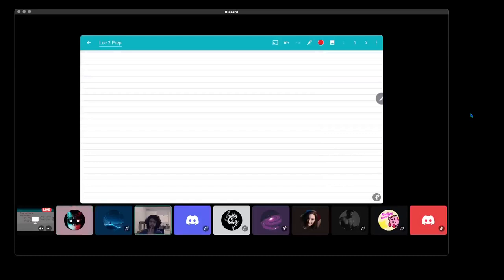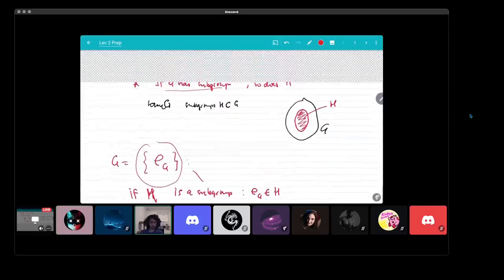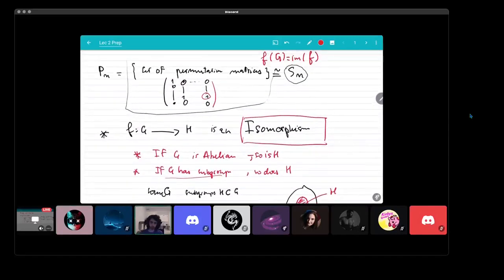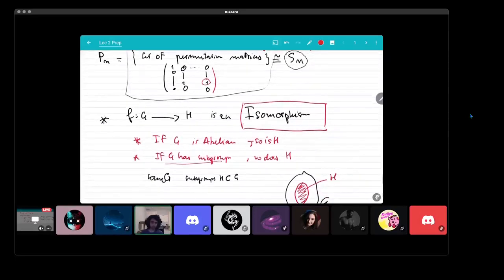Sorry, the question is clarified. It says if G has subgroups, then so does H, right? This is from the isomorphism statement earlier. So we're trying to square that statement with the subgroup being the identity.